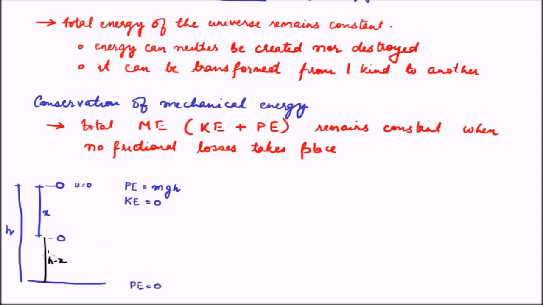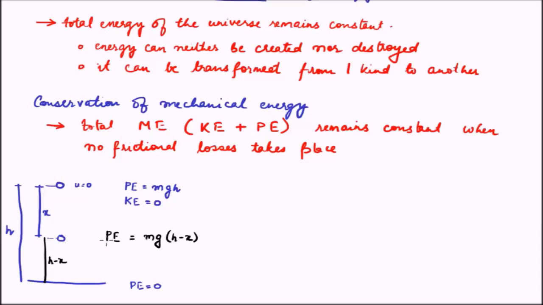Since this height is h minus x, the potential energy at this height is equal to mg times h minus x.